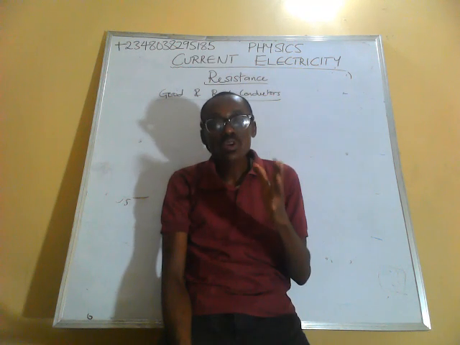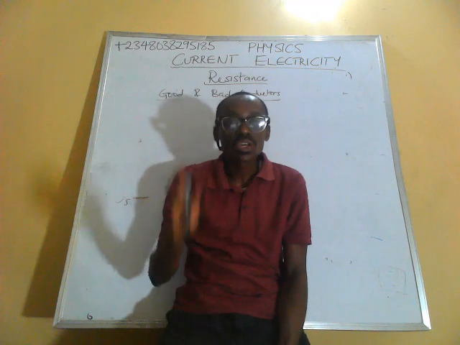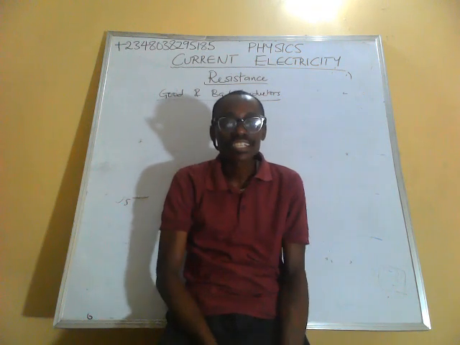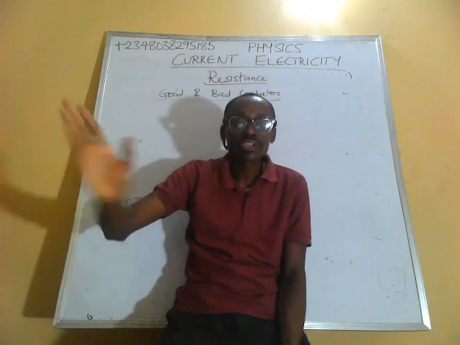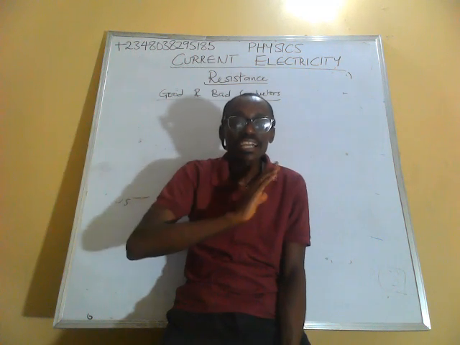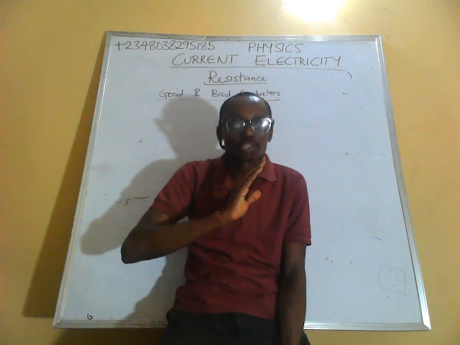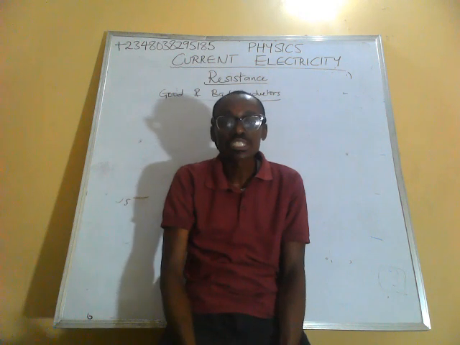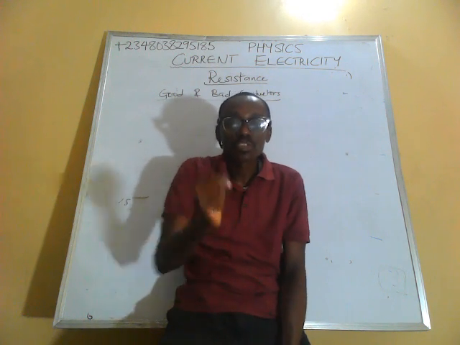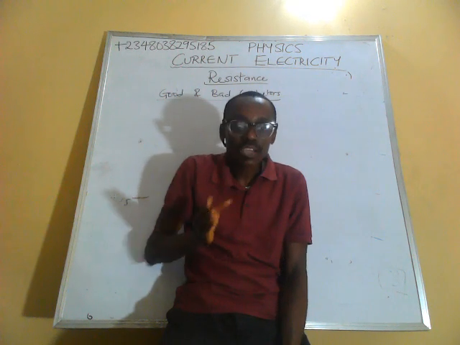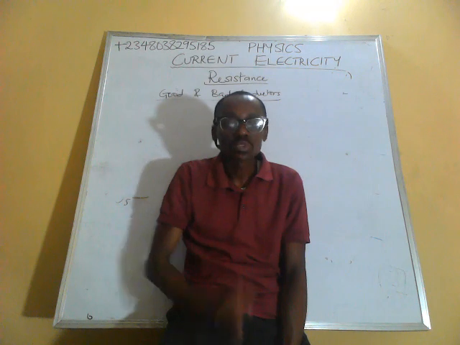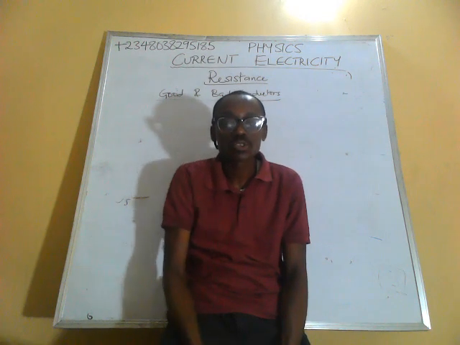So a good conductor has low resistance. A good conductor is a conductor that will easily allow current, easily allow charge, easily allow electricity to flow through it without opposing the current. It will not say, current, you're not going to flow through me. It will just allow the current to easily flow through it.